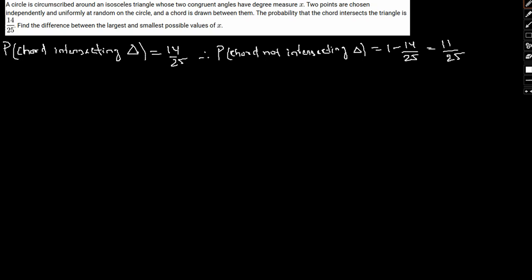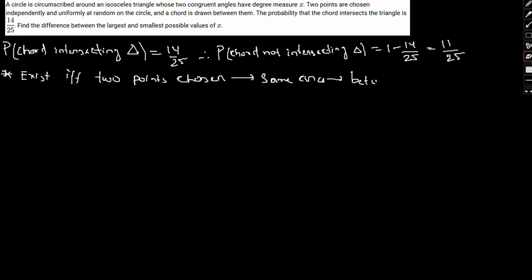So this condition exists if and only if the 2 points chosen are on the same arc between two triangle vertices.